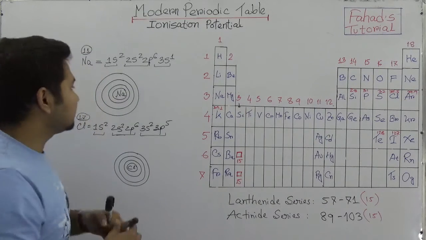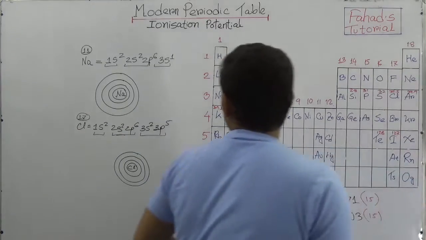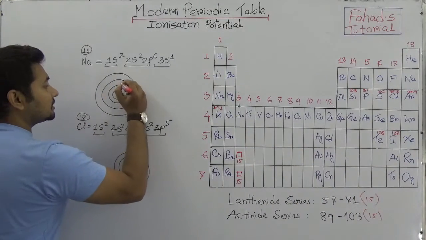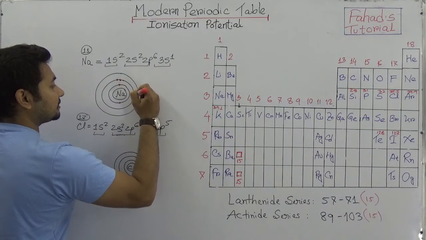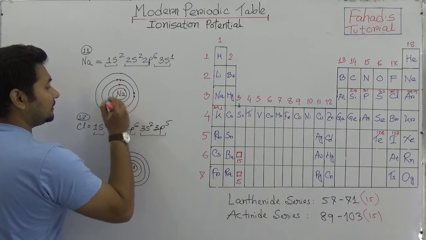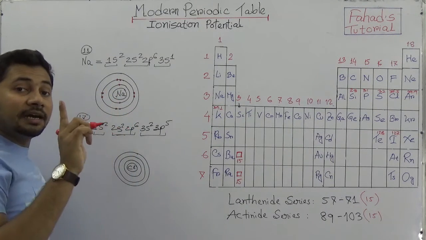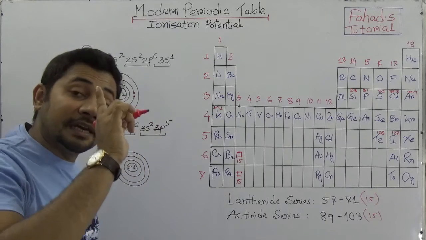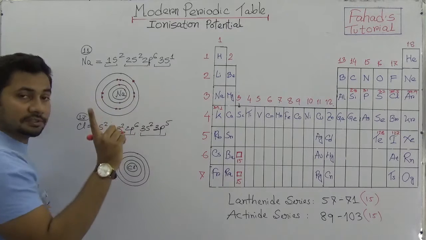The first shell has 2 electrons, the second shell has 8 electrons, and in the M shell of sodium there is only 1 electron.